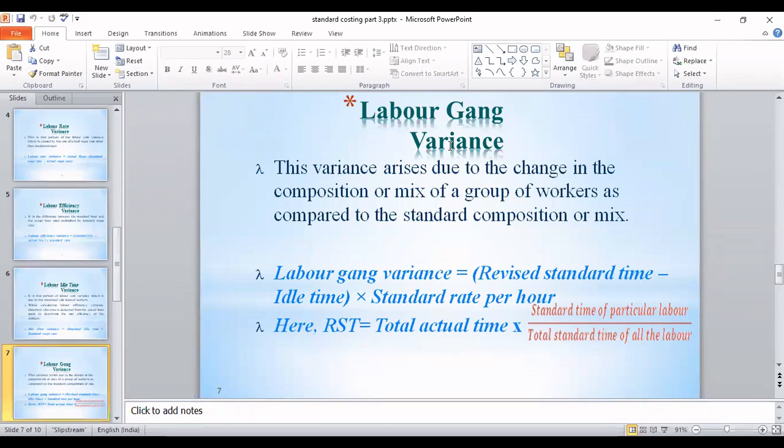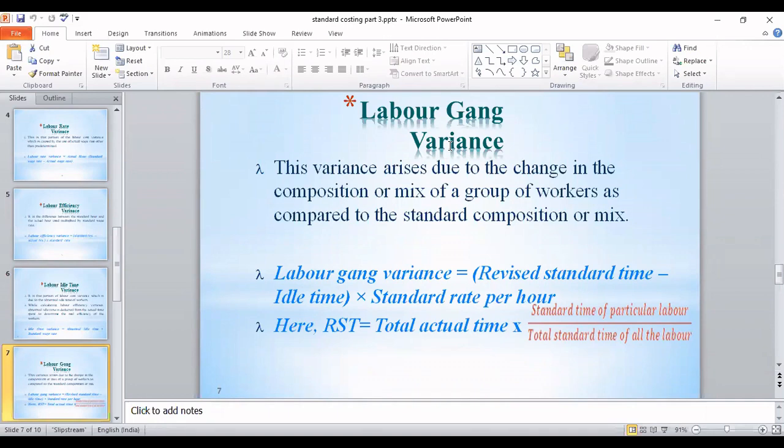You may need skilled labor, unskilled labor, or a combination like male worker and female worker. Possible? For this you set some ratio, like three skilled workers and four unskilled workers, correct?